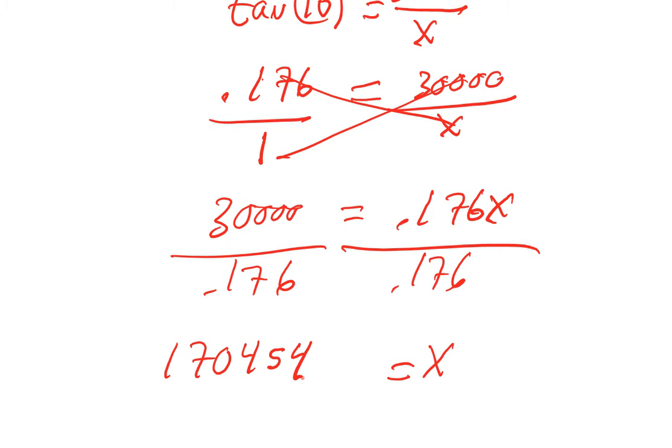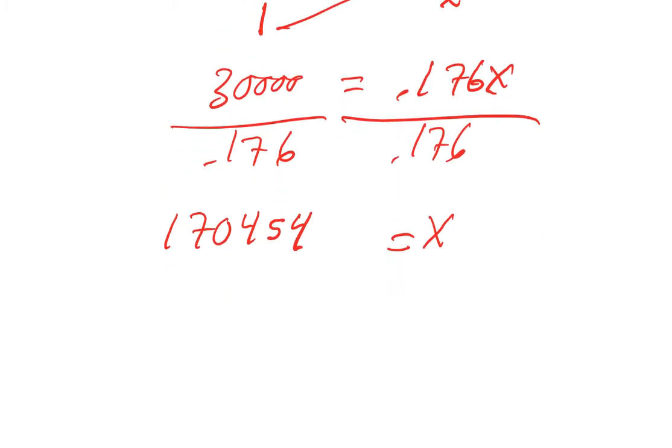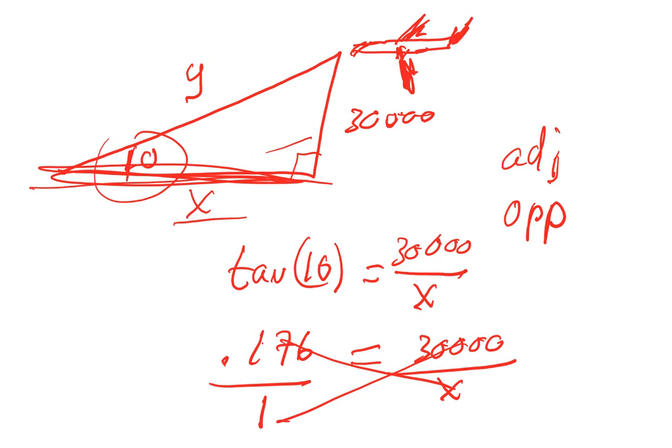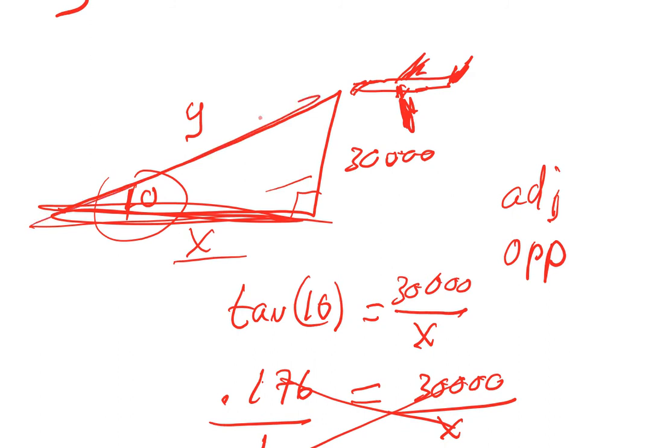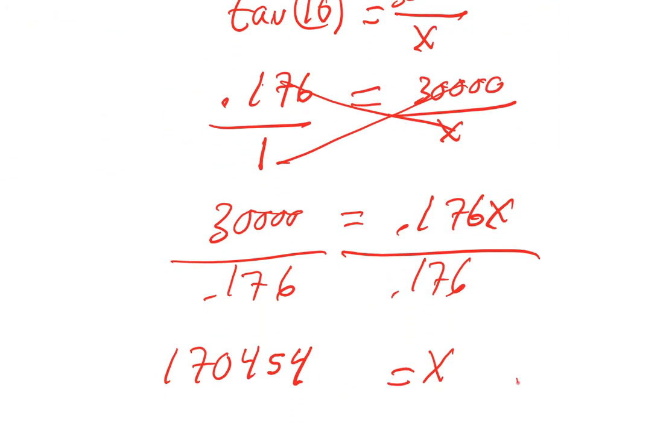Okay, so there's that. All right, now we've got to find Y, that line of sight. So what side is this in relationship to our 10-degree angle? That's the hypotenuse. Okay, so we've got the hypotenuse. Let's use the 30,000. That's our opposite.